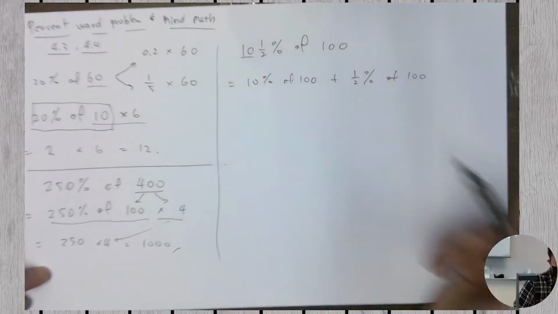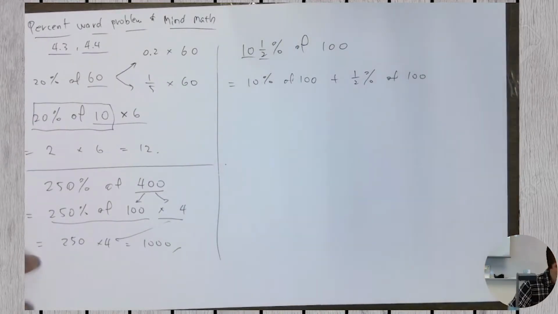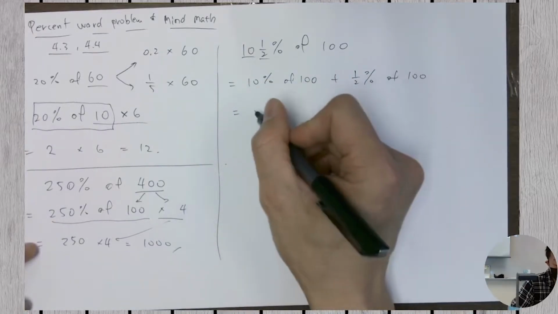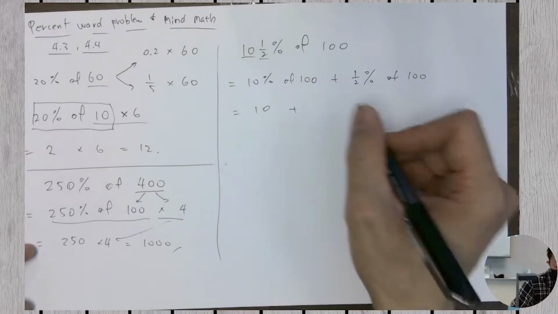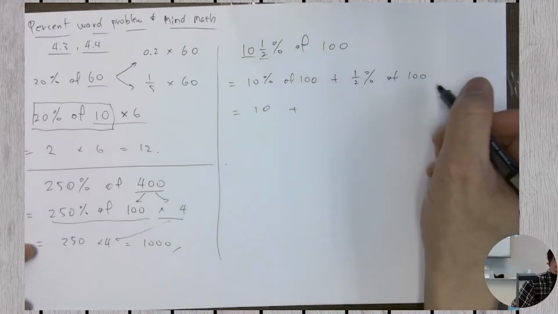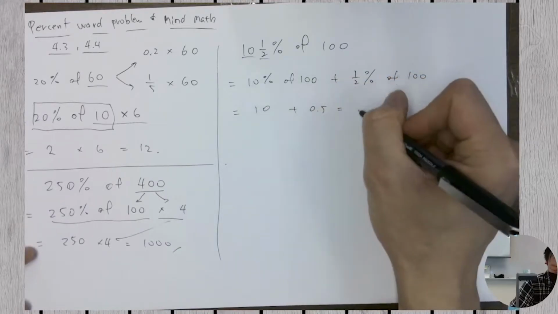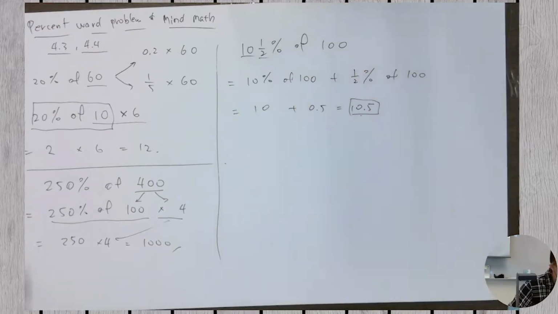Find out the 10% part, and then find out the 0.5% part, and then add them together, right? So the 10% part would give me 10. The 0.5% part would give me half. You see, 1% is 1, right? So 0.5% is 0.5, and therefore this would be 10.5. Okay?